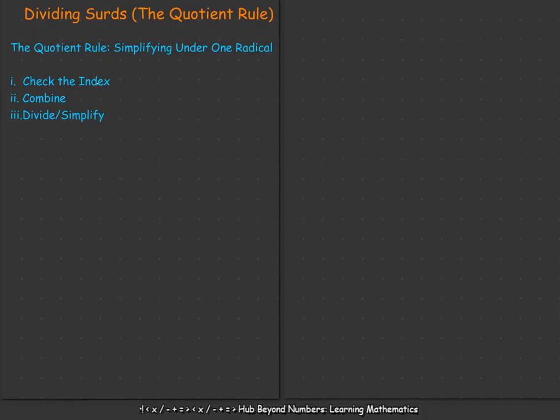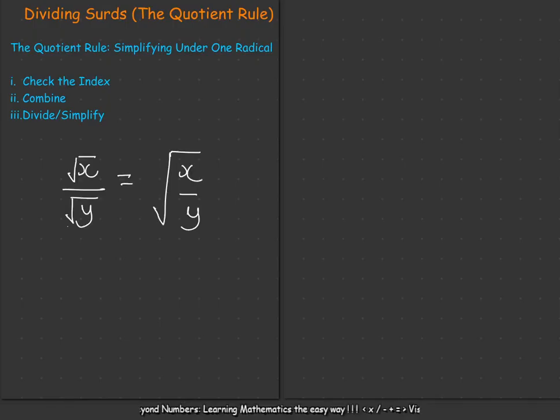Mathematically, this simply means that if you have the nth root of x over the nth root of y, so far as they have the same root, then we can just evaluate them as the nth root of their quotient. Very, very simple.